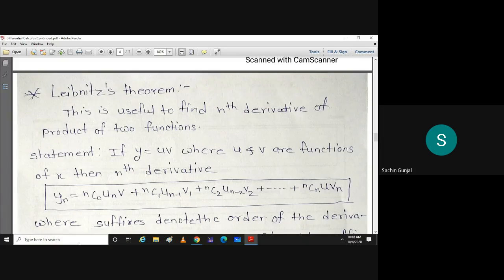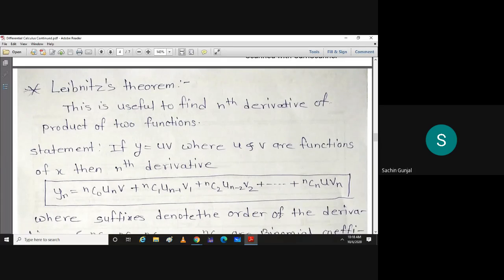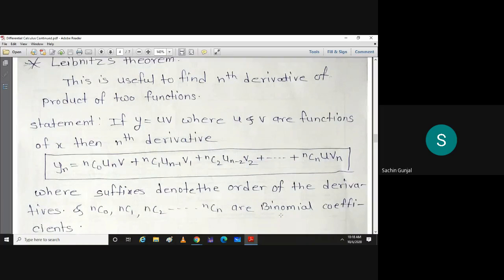The suffixes denote the order of derivative, that is known to everyone.